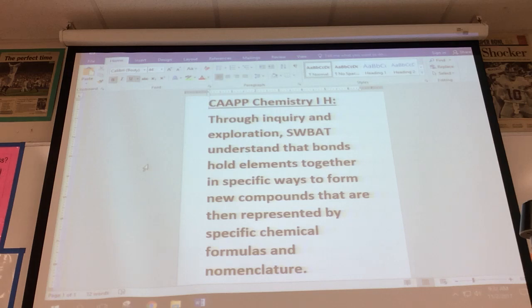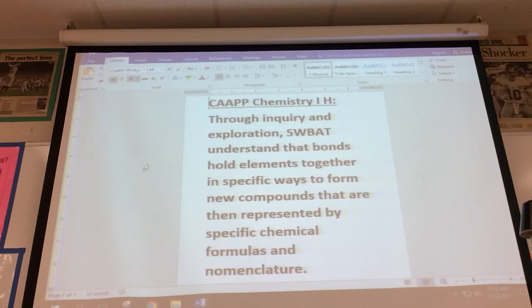This lesson will be our last on Chapter 5, all falling into this overarching learning goal. Through inquiry and exploration, students will be able to understand that bonds hold elements together. We're specifically looking at ionic bonds in this chapter.